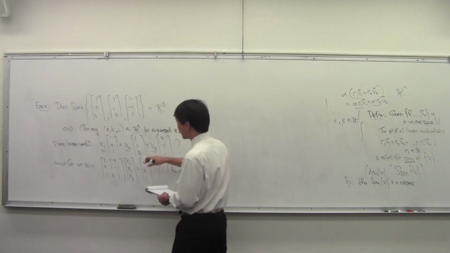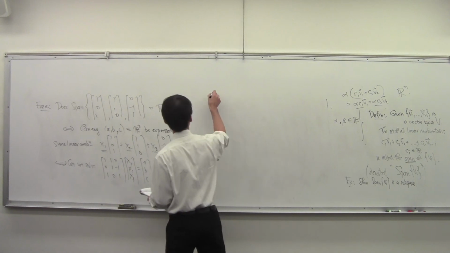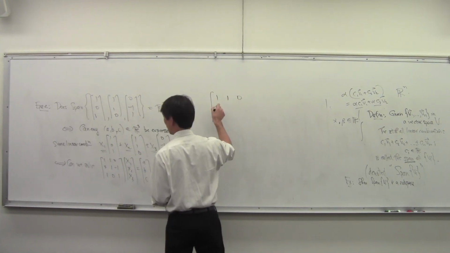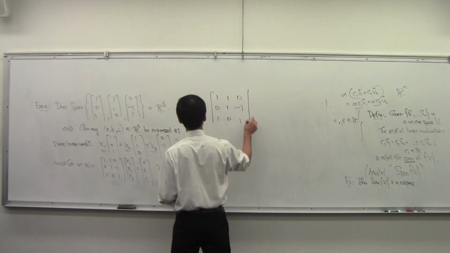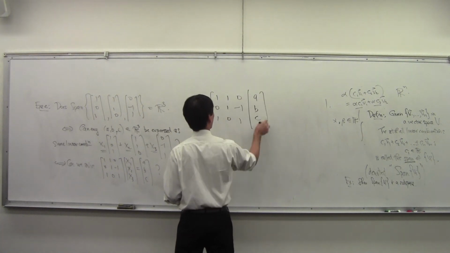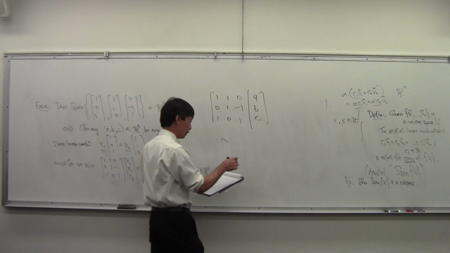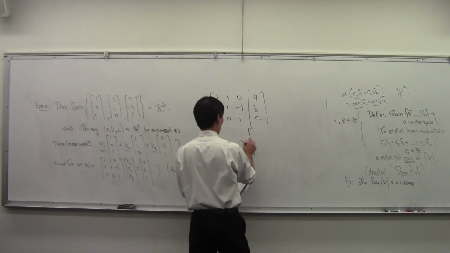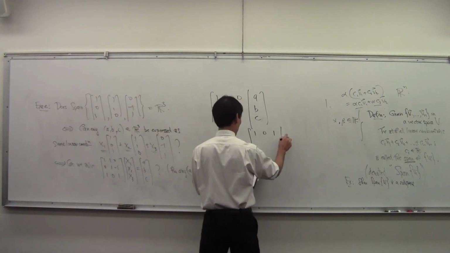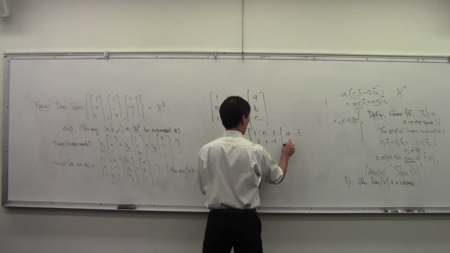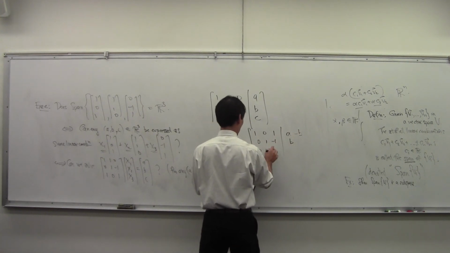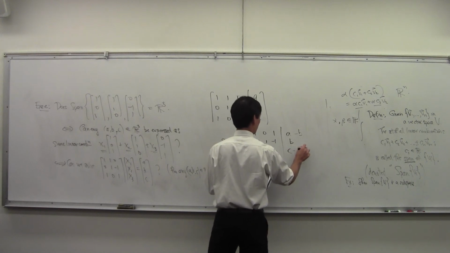So you just do the Gauss-Jordan reduction. You take 1, 1, 0, 0, 1, negative 1, 1, 0, 1, ABC, and you do your Gauss-Jordan reduction. You'd end up actually with this result: 1, 0, 1, A negative B, 0, 1, negative 1, B, 0, 0, 0, C minus A plus B.